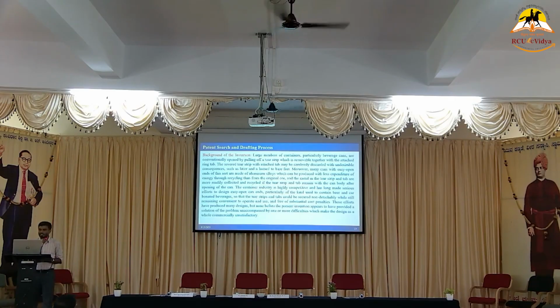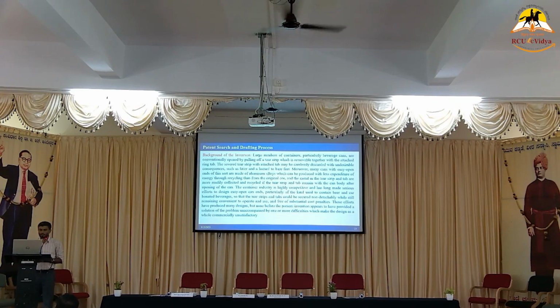The container industry is highly competitive and has long made serious efforts to design easy open can ends, particularly of the kind used to contain beer and carbonated beverages, so that tail strips and tabs could be secured, not detachable, while still remaining convenient to operate and use and free of substantial cost penalties.